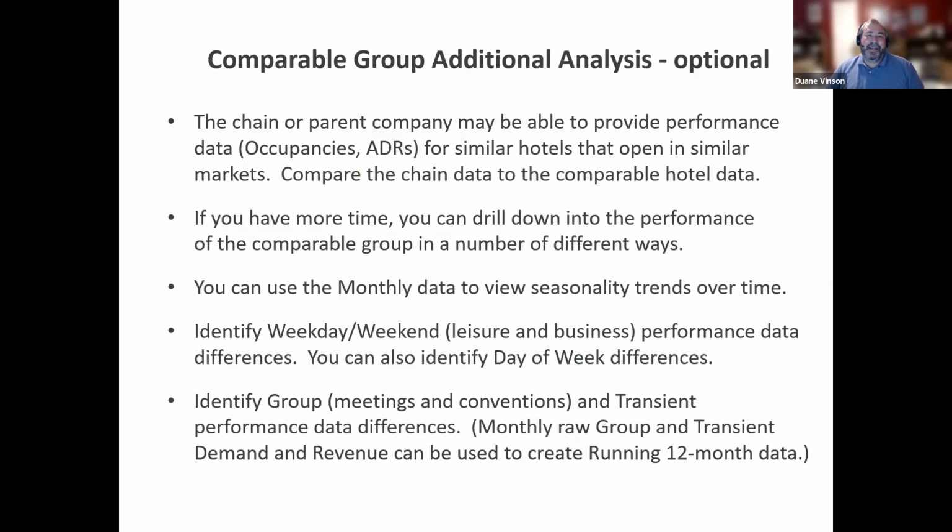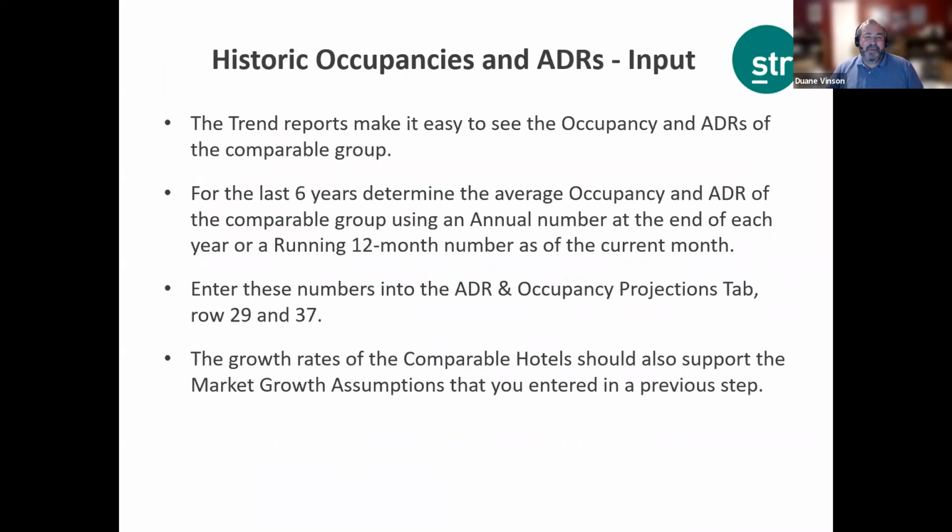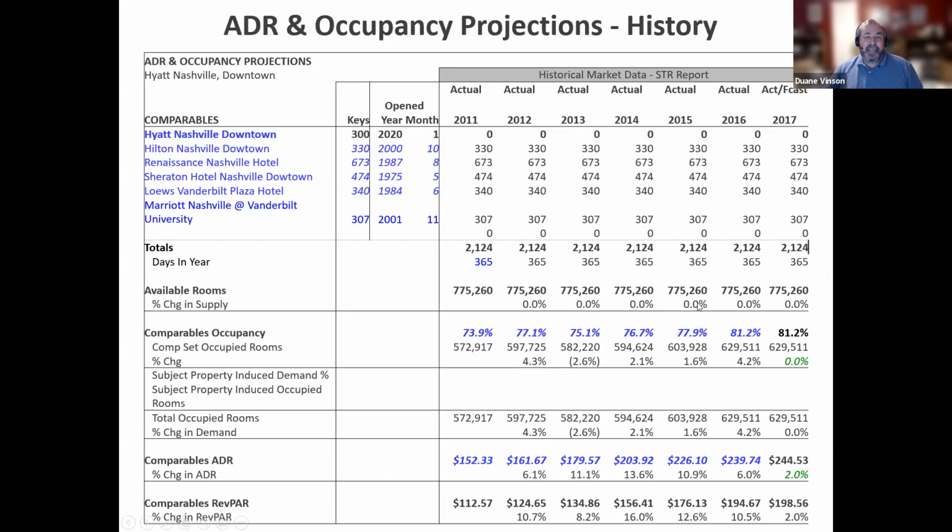All right, our inputs here. We're going to take from our trend report occupancy and the ADR for the last 6 years using the running 12-month moving average data. We're going to enter that information in the ADR and occupancy projections tab right here, okay? You just entered this information on the hotels.